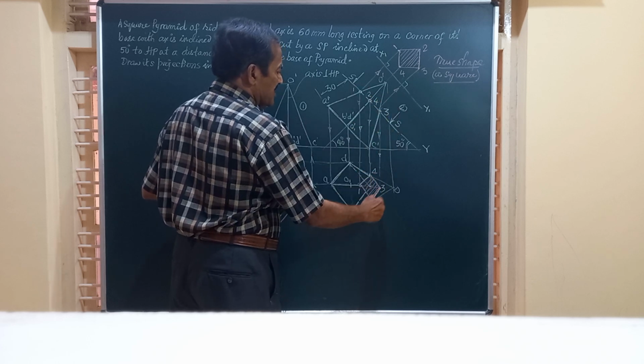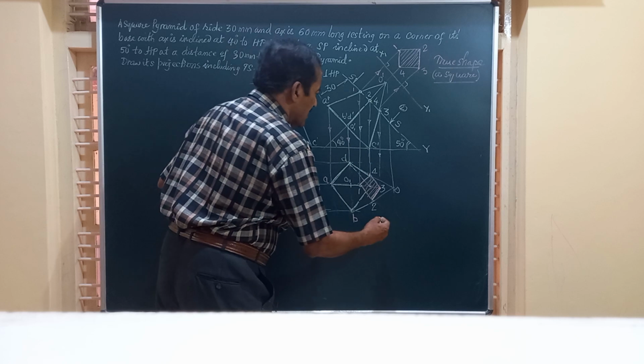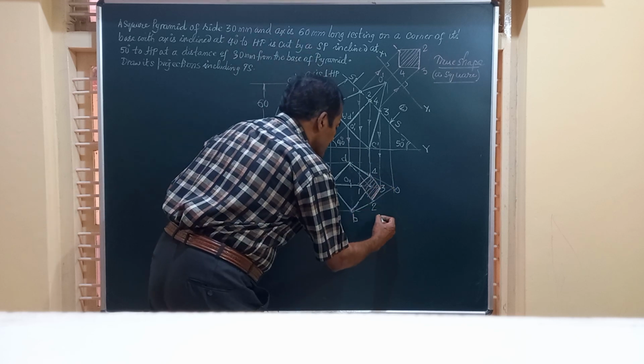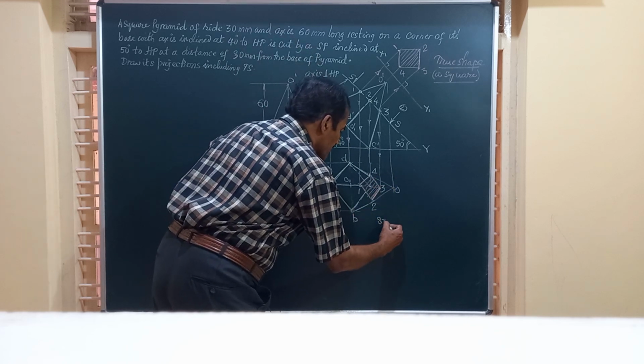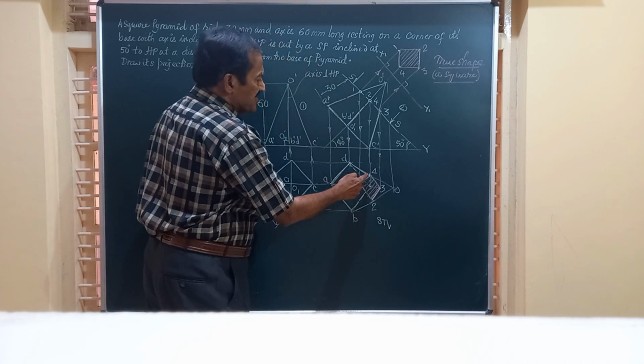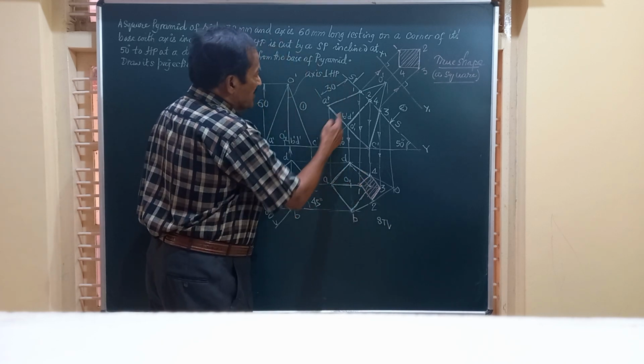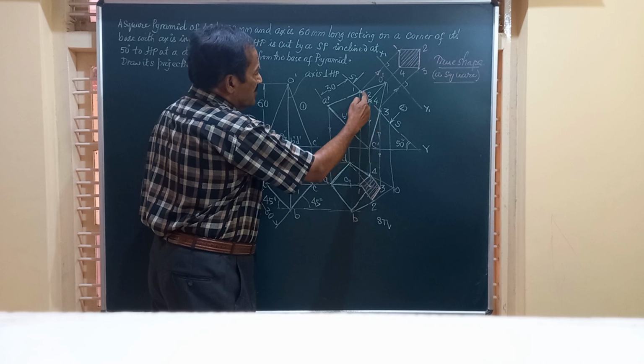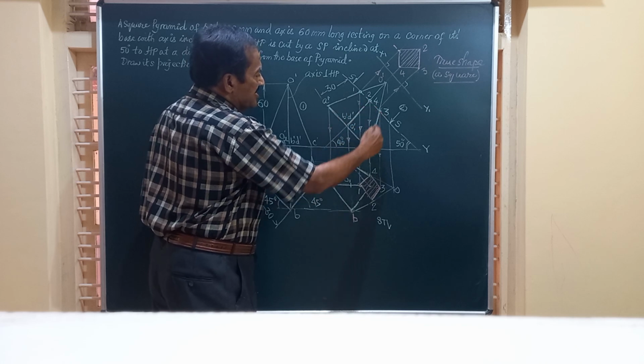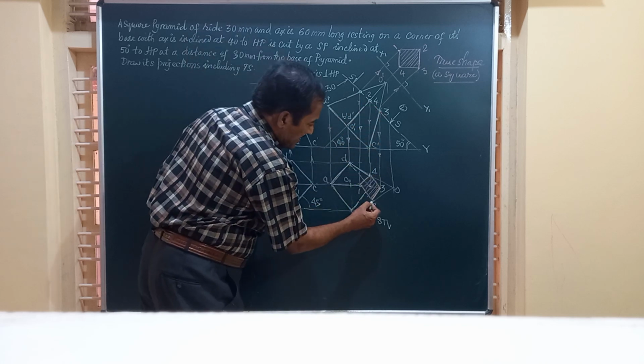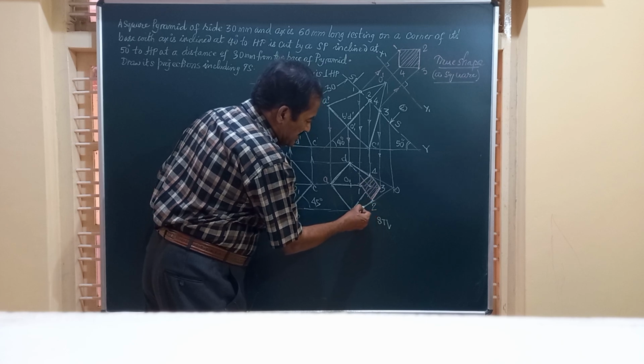This is the sectional top view as a whole, so we call it the sectional top view. And friends, these edges 4 to D, 1 to A, 2 to B, 3 to C are retained, and hence I have shown all these by straight lines.